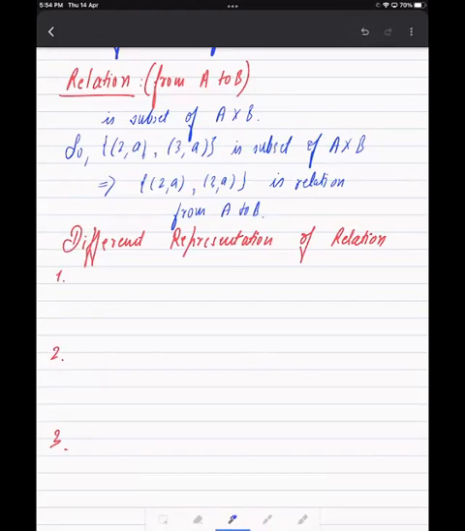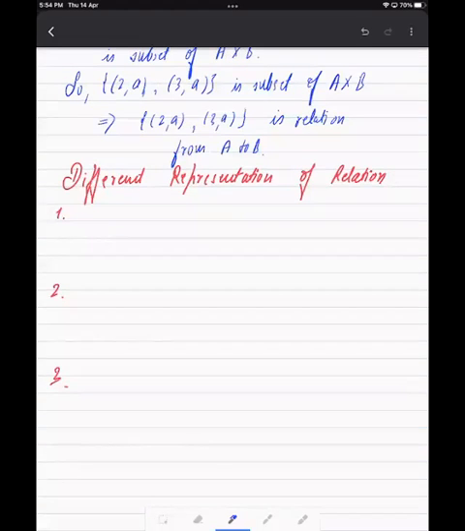Now I can represent it in different ways, and I'll discuss every possible representation. We'll be using different representations in different questions. Like in some questions, some representations will help, and in some questions, those representations will not even be possible to write. Okay, so we need to know every representation of the relation.